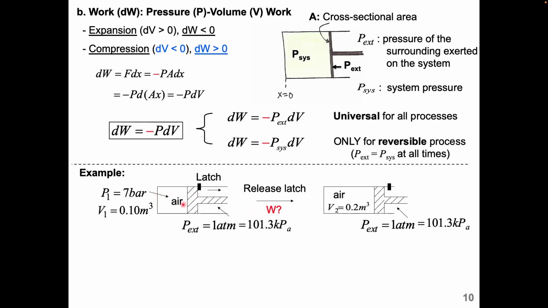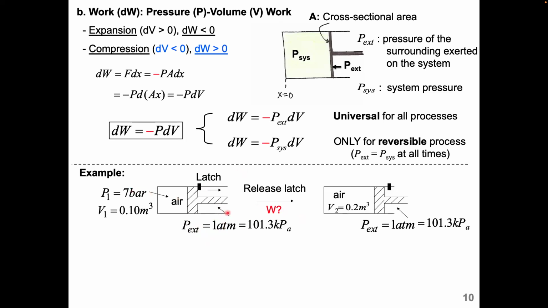Now what we are doing is opening the latch. If we remove the pressure exerted by the latch, then your P1 system pressure is 7 bar initially, and since you remove the latch instantaneously, the external pressure immediately drops to 1 atm.